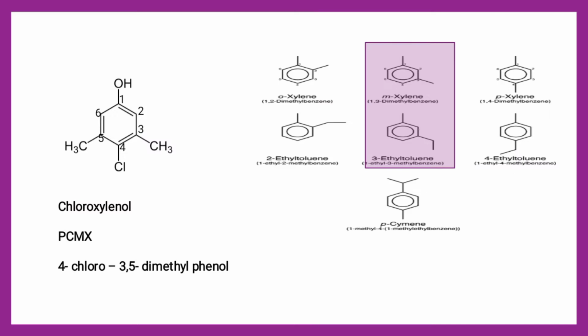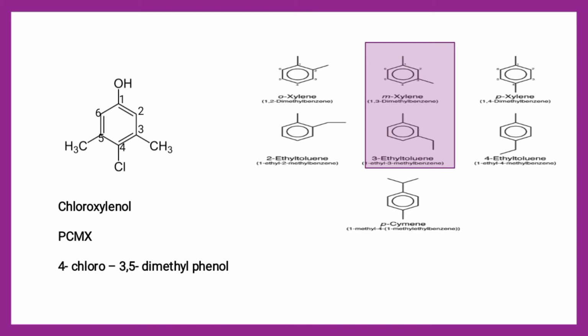Now how is it? If you see the structure of chloroxylenol, this is the structure of chloroxylenol, wherein the third and fifth positions have methyl groups. Like what is xylene, let us first see. Now as you can see here, 2 methyls on benzene, but what is the position?